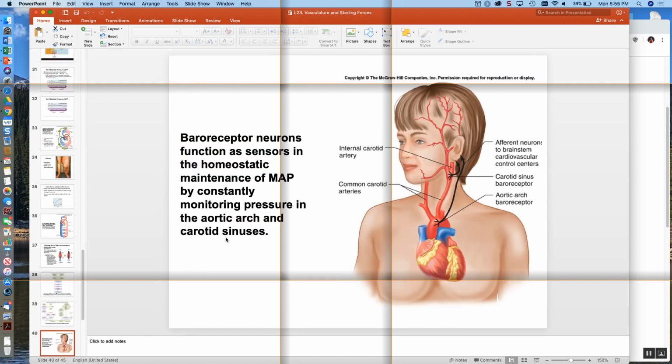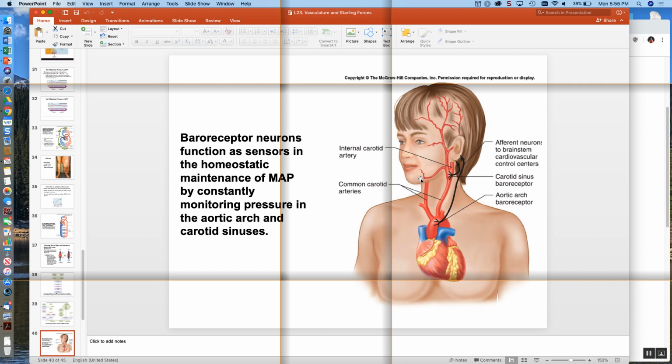baroreceptors. Baroreceptors are detecting either low blood pressure or high blood pressure, okay? If you have very low blood pressure, let's say you're hemorrhaging or something, you've got a wound, you're losing blood, your body's going to detect the low blood pressure. It's going to send a signal to the medulla oblongata, the cardiovascular control center, and you're going to get a sympathetic surge, okay?